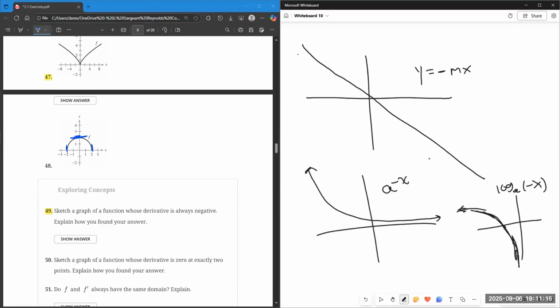Or y equals mx, where m is less than 0, I guess you could say. So here a is greater than 0.